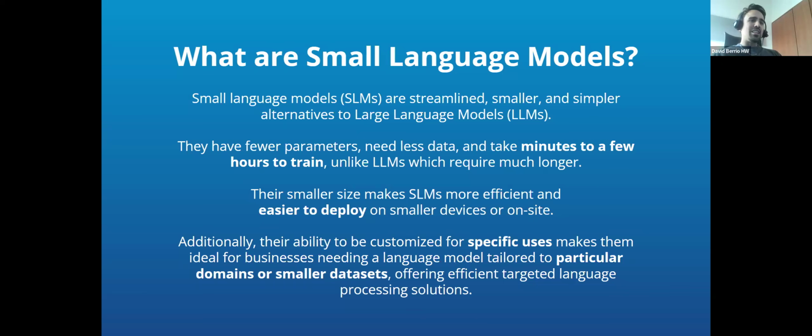Their smaller size makes them more efficient and easier to deploy on smaller devices or on site. For large language models, most of the time we have to make inferences in the cloud, or use providers like ChatGPT, or any of the cloud providers that have super powerful, GPU-powered instances available for us to use.